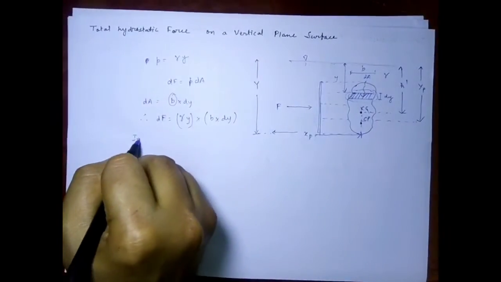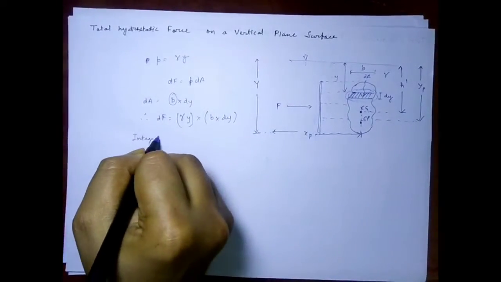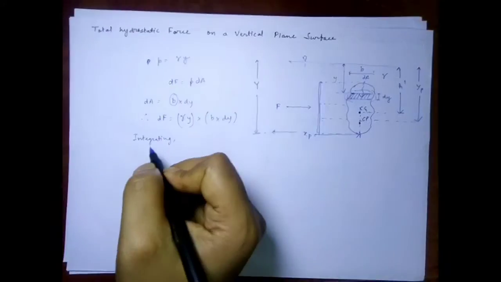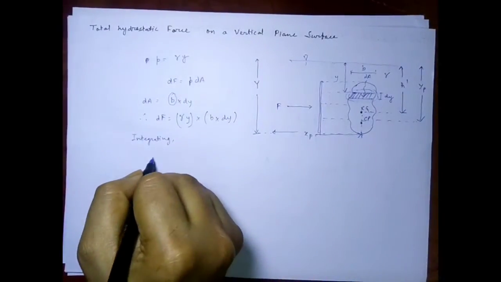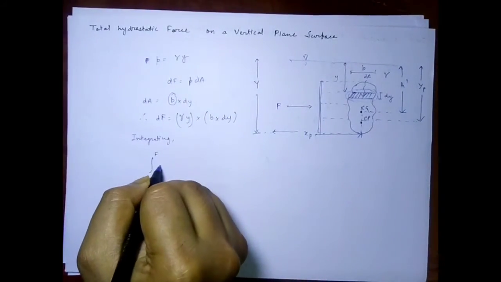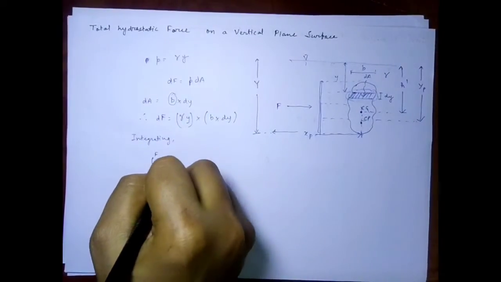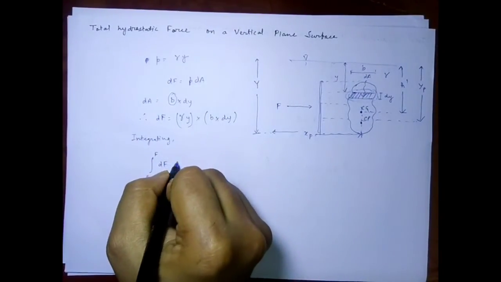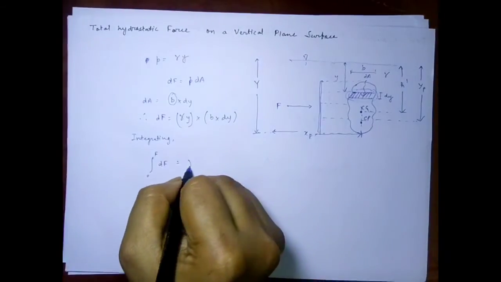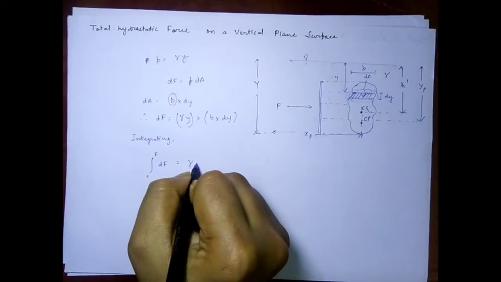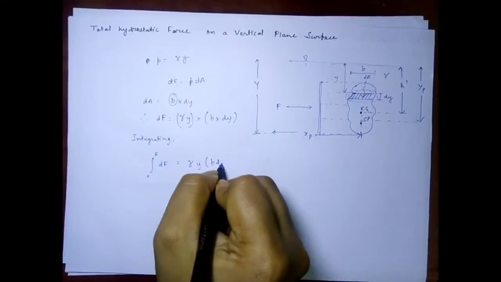Now let's integrate both sides. So this will be 0 to capital F, suppose, is the total hydrostatic force that is acting, and that will be equal to the integral of gamma y B dy.